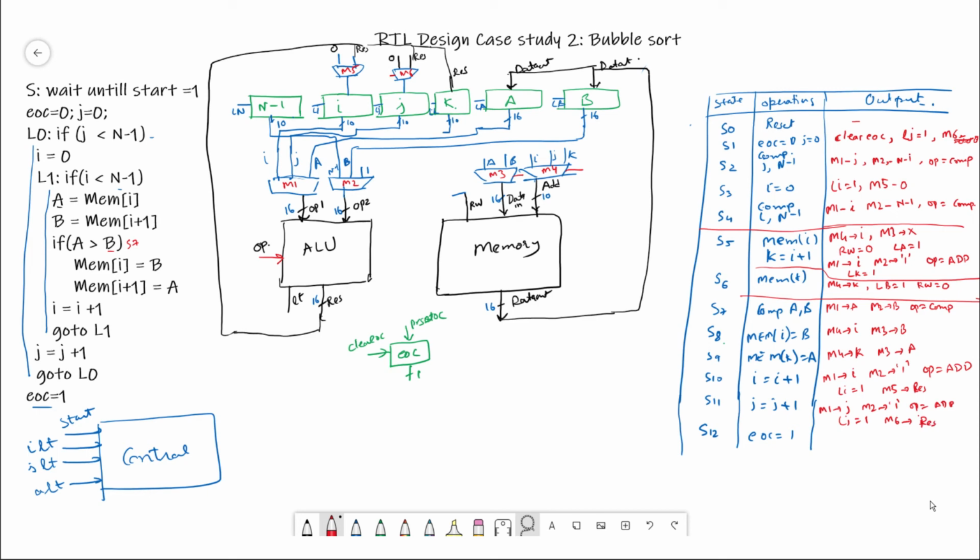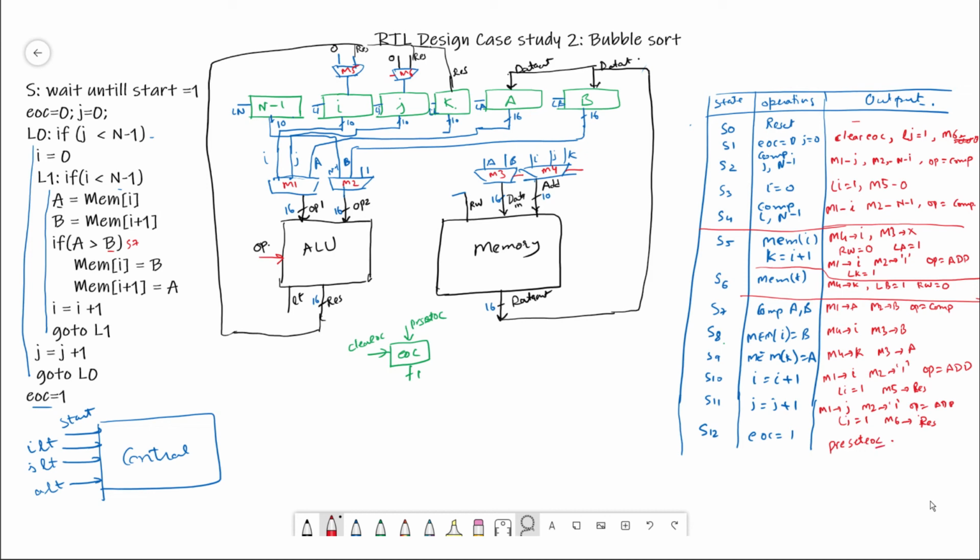Okay, so all of these states are done, and in the S12 state we'll say preset, EOC would be 1.